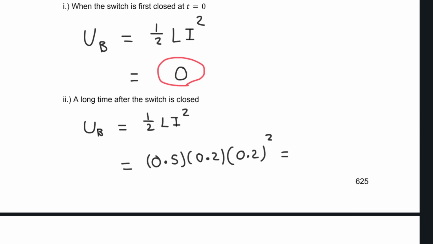So doing this, we get, let's see, can I do this without a calculator? We have 1/5 cubed, which would be 1 over 125, and then half of that, which would be 1 over 250 joules, or 0.004 joules of energy stored right there.